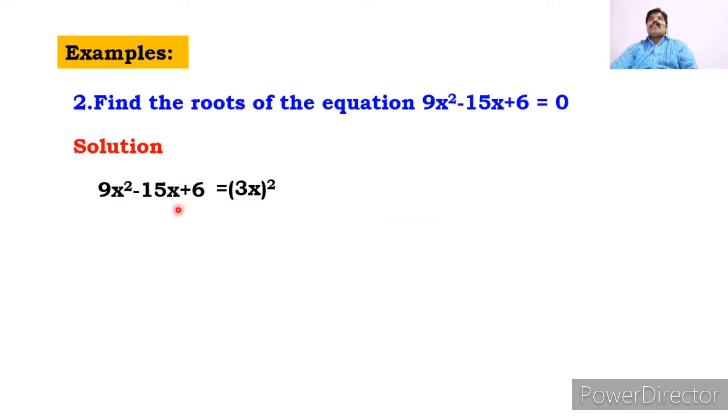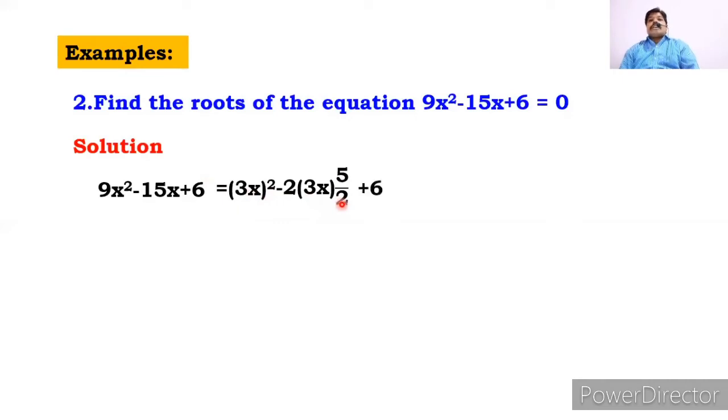That is 2 into 15x by 2. That 15x we can write as 3x into 5. So that is 2 into 3x into 5 by 2. So we can compare that as a square minus 2ab. B value is 5 by 2.